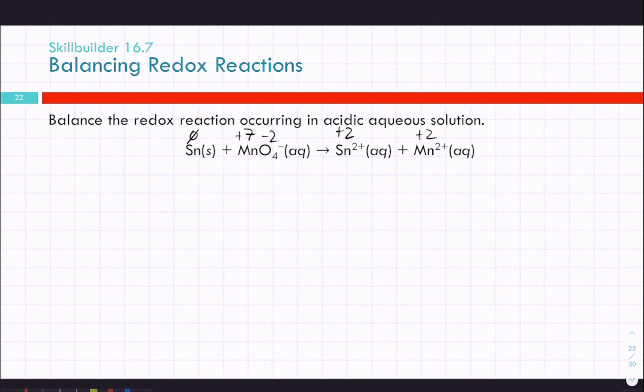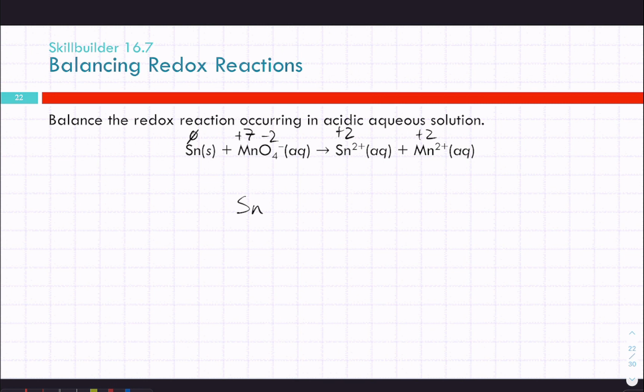Okay. So we've got all of our oxidation states. Again, for these ions, it's the same as the charge. So tin's going from 0 to positive 2. Is that oxidation or reduction? Oxidation, yeah. So that'll be one of our reactions: tin to tin ion.